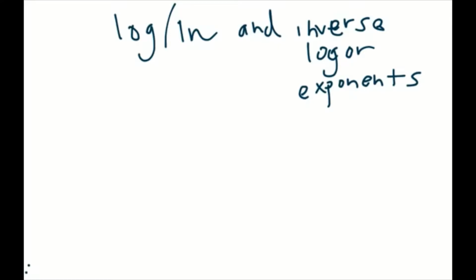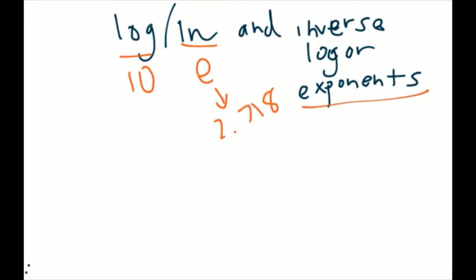Let's now talk about logarithms and natural logarithms, log and ln. Log is usually base 10, and ln is just a log with base e, which is about 2.718. We'll also talk about exponents, or antilog, or inverse log. People call it a lot of names.